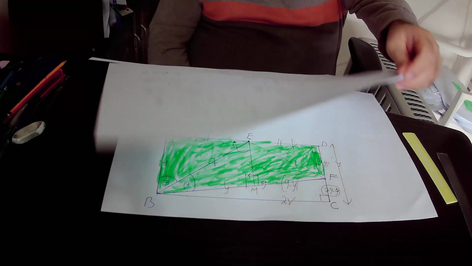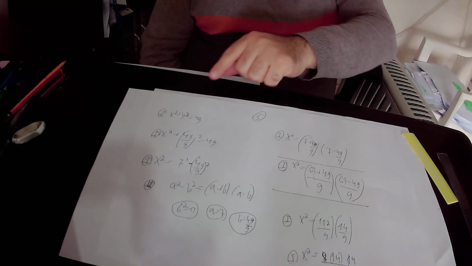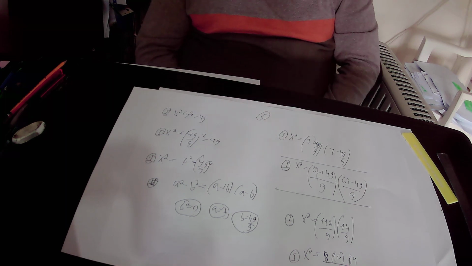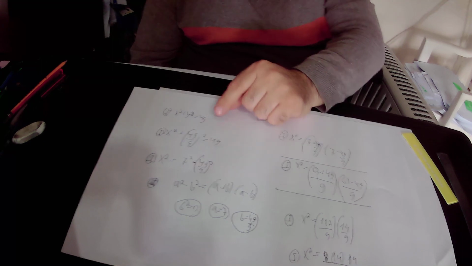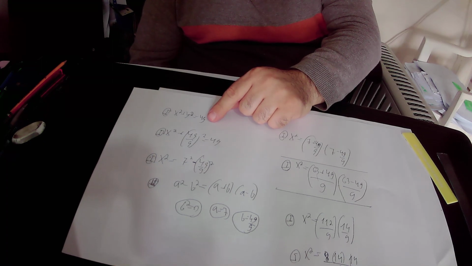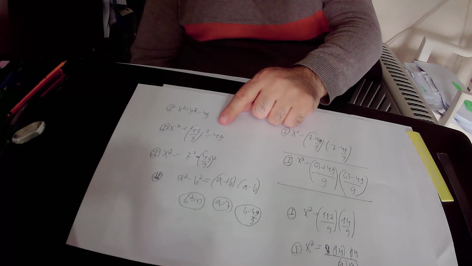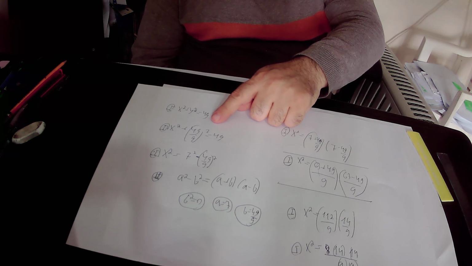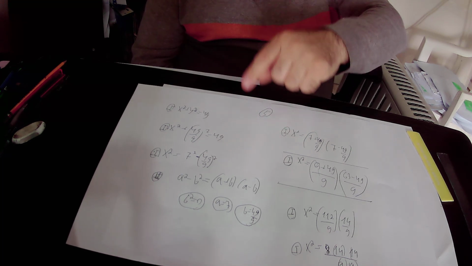Then we have equation number 1, which says that x squared plus y squared equals 49. We already found out that y equals 49 over 9, so y squared will be equal to (49 over 9) squared. Here we subtracted (49 over 9) squared from this equation, and then we changed 49 to 7 squared, and we got this expression.